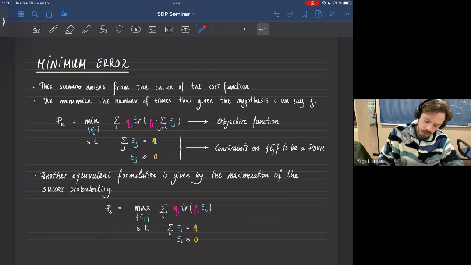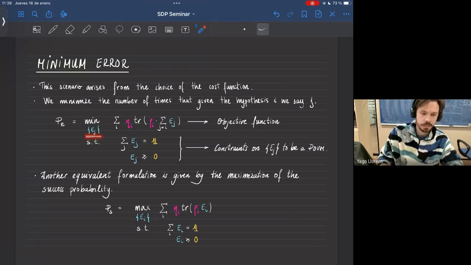So we can write it in an SDP form, as shown here.